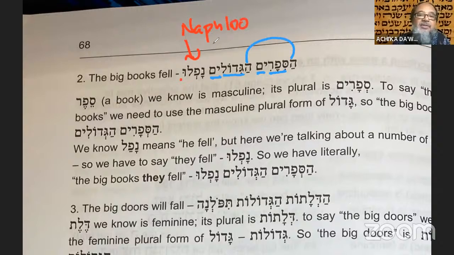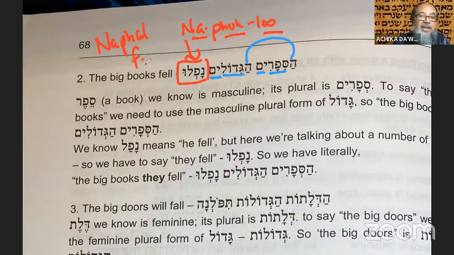So nafalu, not naflu. Na, and then fa, and then lu. Nafalu. Okay, so I know from my vocabulary that nafal means to fall, or he fell by itself.